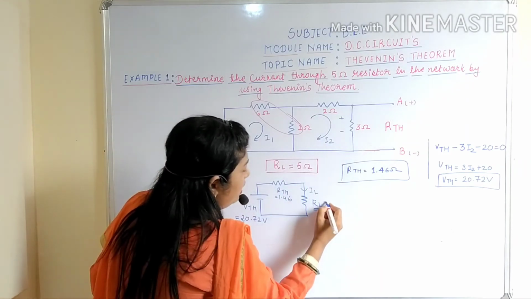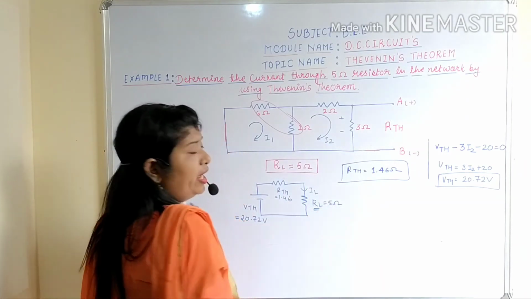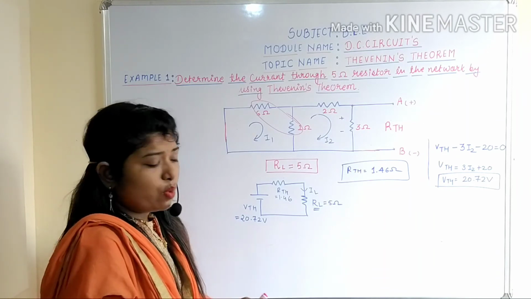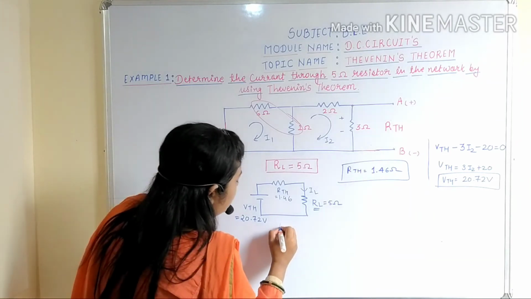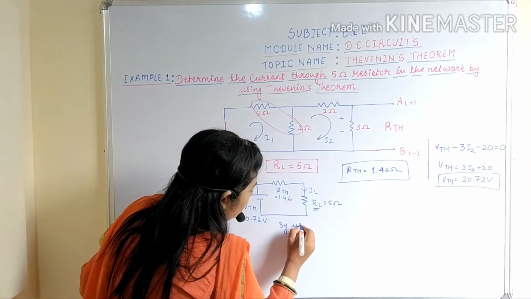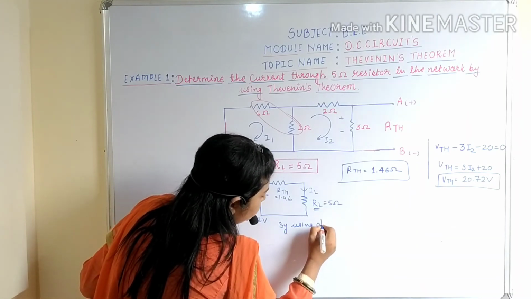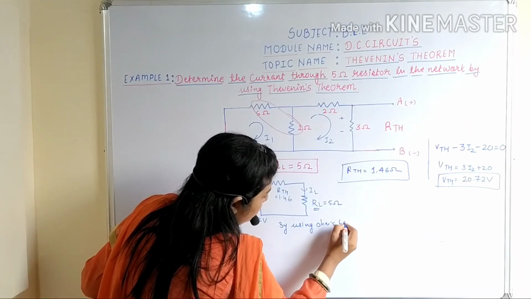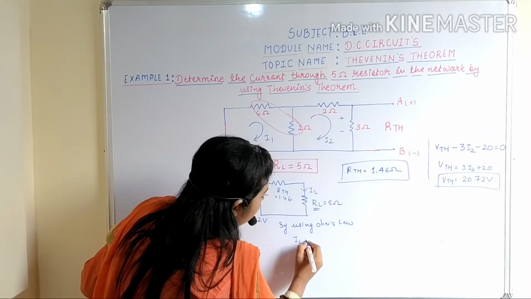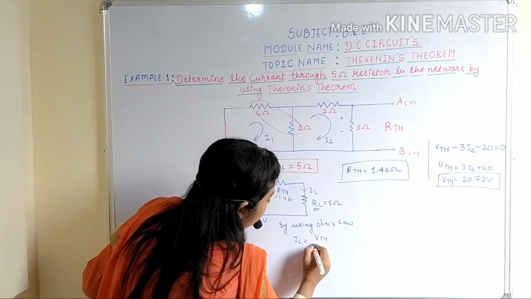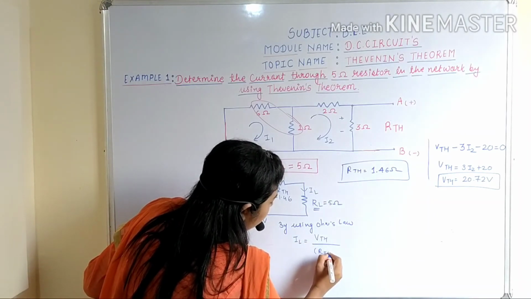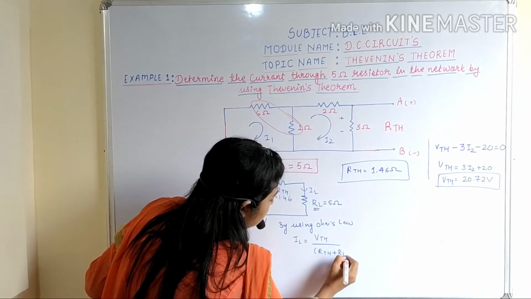So what is RL? Which is equal to 5 ohm. Next step is what? Simply by using Ohm's law, what is load current? Load current is equal to VTH upon RTH plus RL.